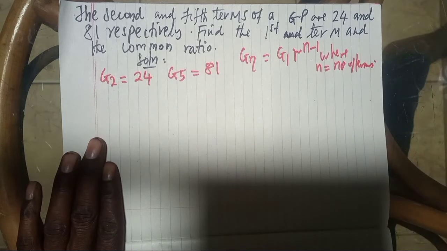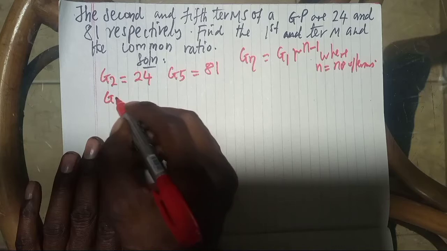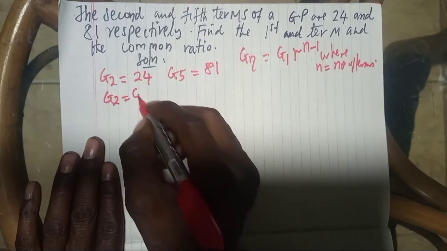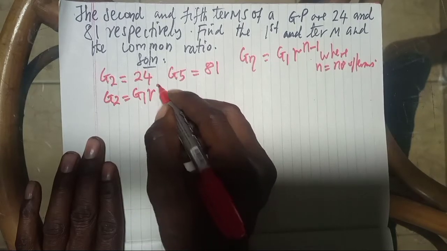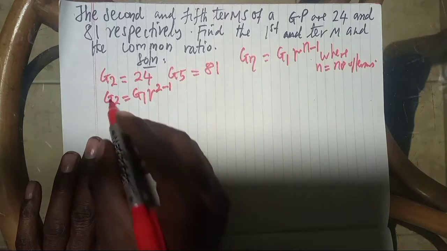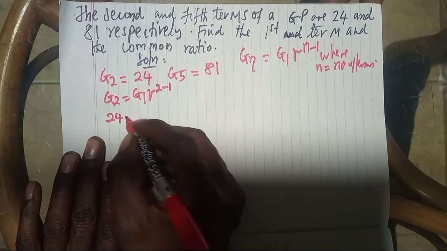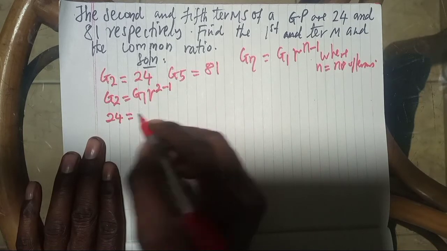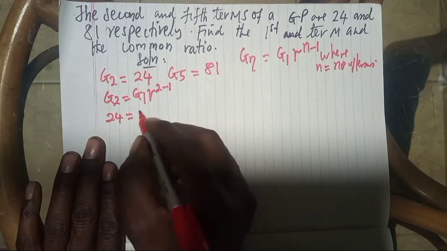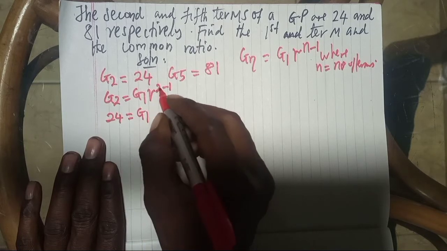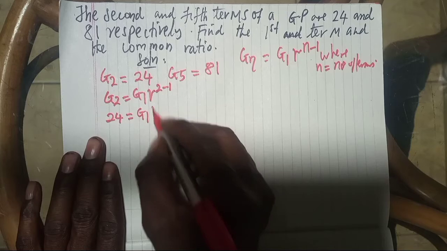By using this concept, G2 will be equal to G1 R^(2-1), so G2 = 24 = G1 R.